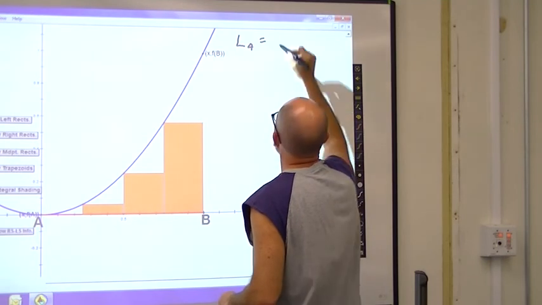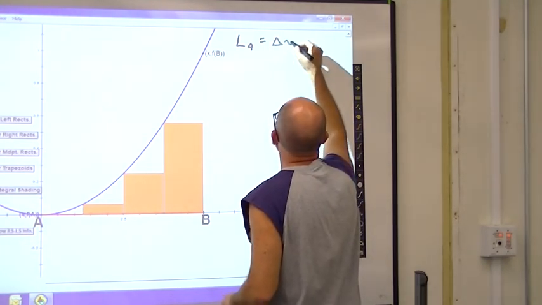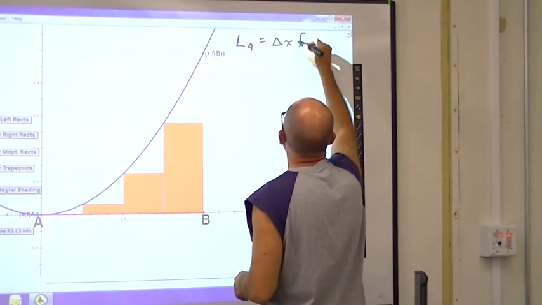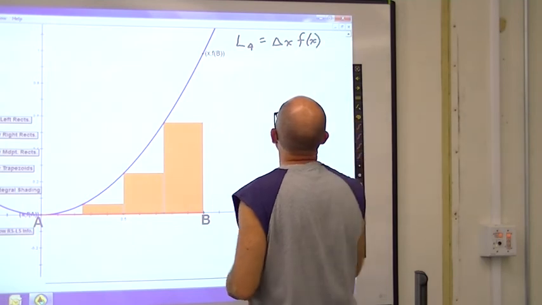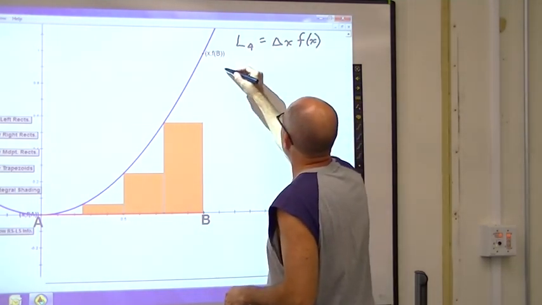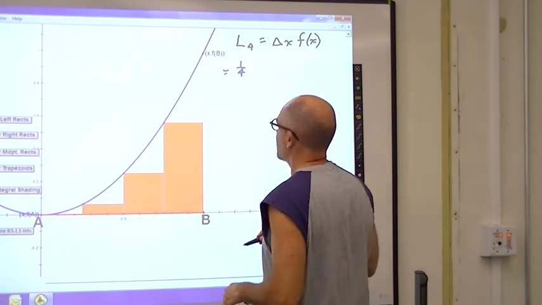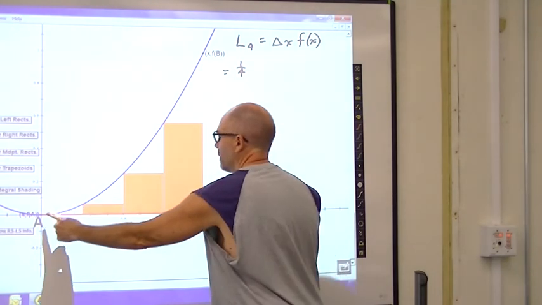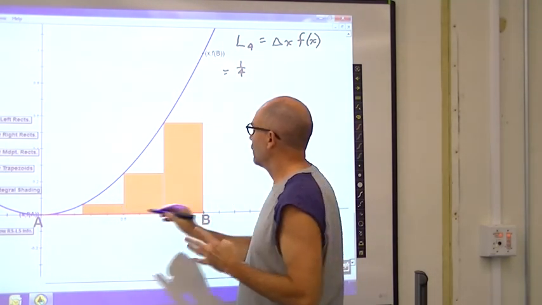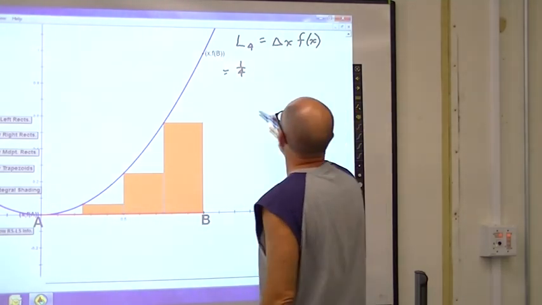So it's going to be delta x, which is the width, times f of x, which is the height. So the width is going to equal 1/4 on each rectangle, because we're going from 0 to 1, and there are 4 rectangles, so 1 divided by 4 is 1/4.